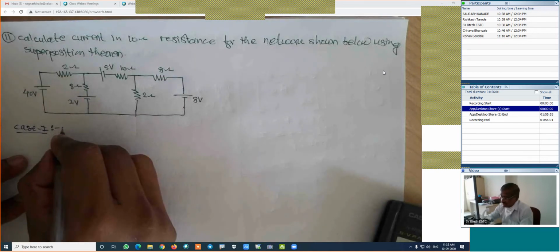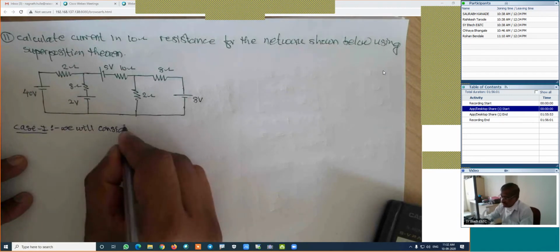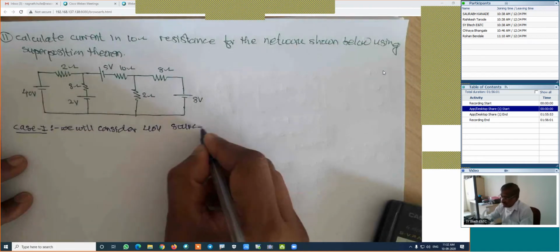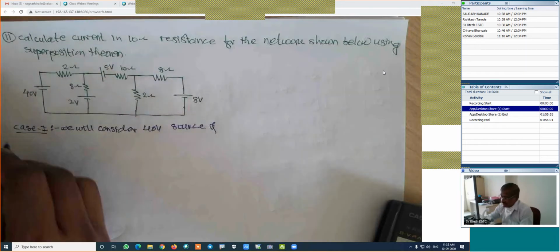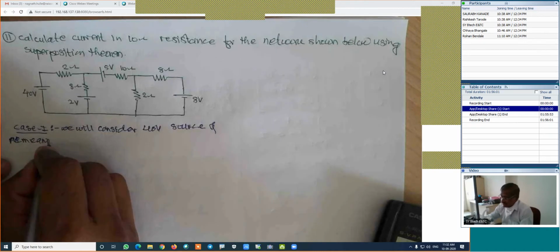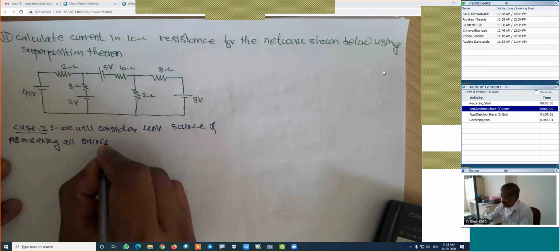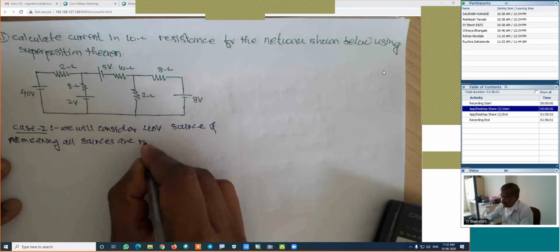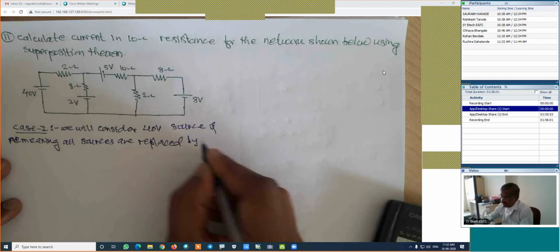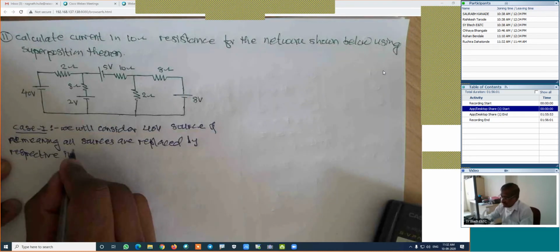In first case, we will consider 40 V source and remaining all sources are replaced by respective internal resistances.